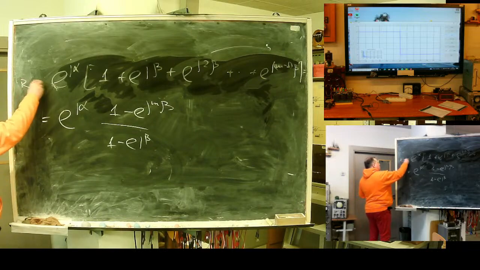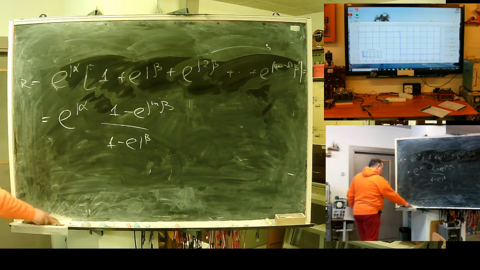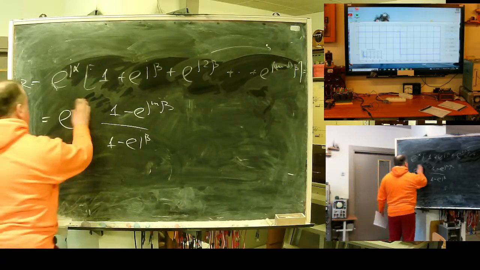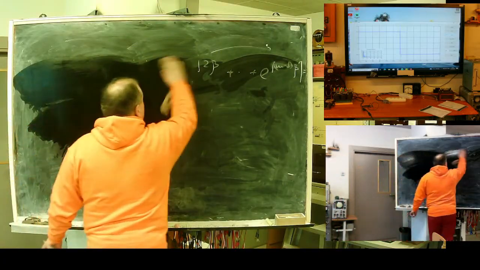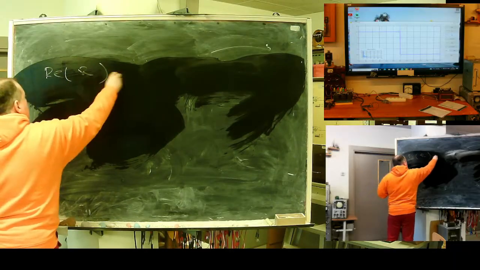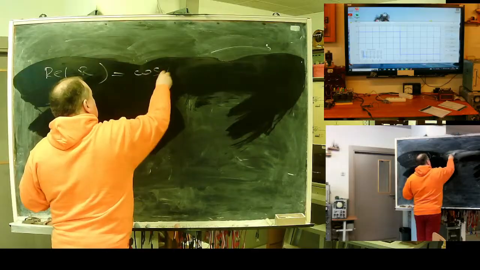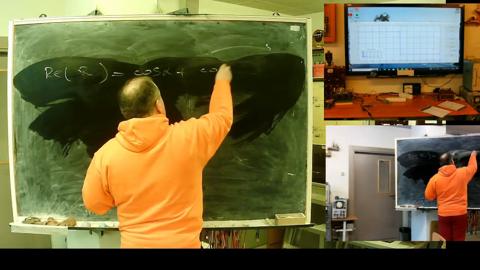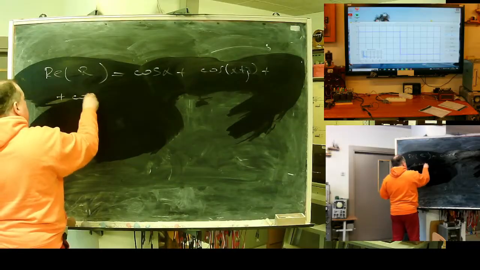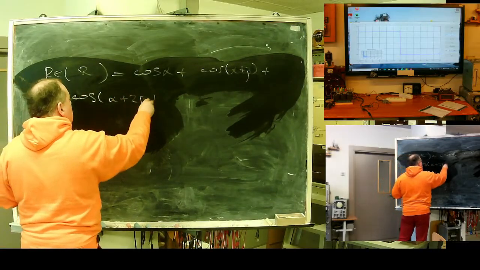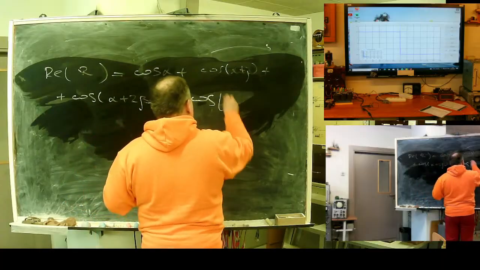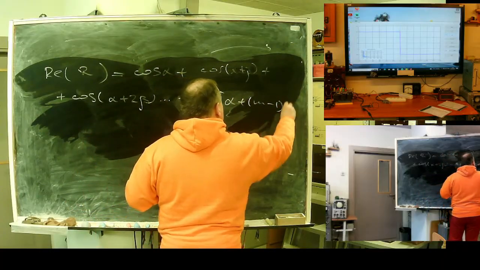Gibbs knew complex math definitely better than I. Because he understood that if I take the real part of this, it will be cosine α plus cosine (α plus β) plus cosine (α plus 2β) and so on, plus cosine of (α plus (m minus 1)β).